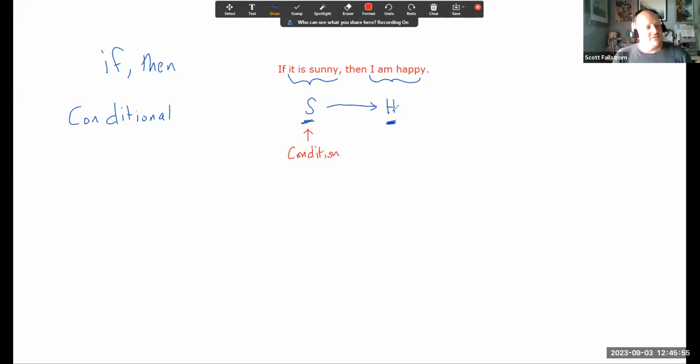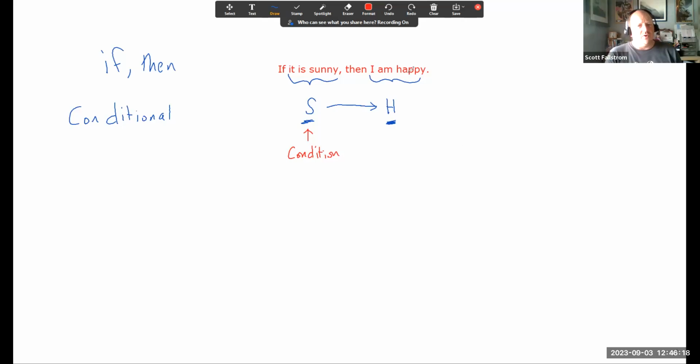Let's see here. So we might be able to do another one like with an all statement. Okay. So if it is sunny, so all sunny days. So if it is sunny, then I'm happy. That's like all things that are sunny are inside of this thing that makes me happy.